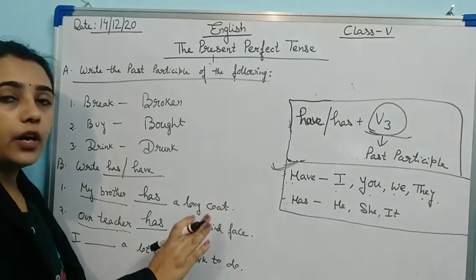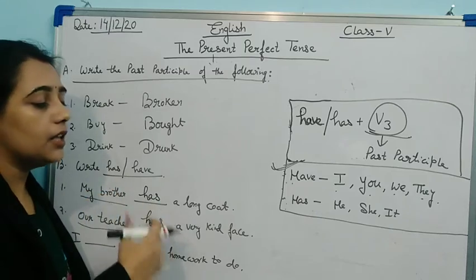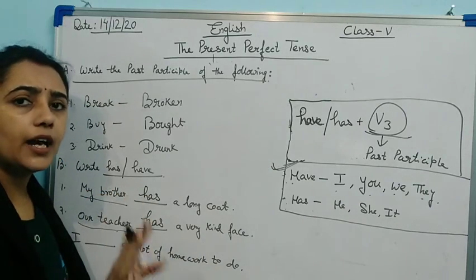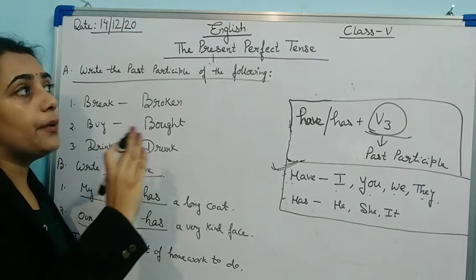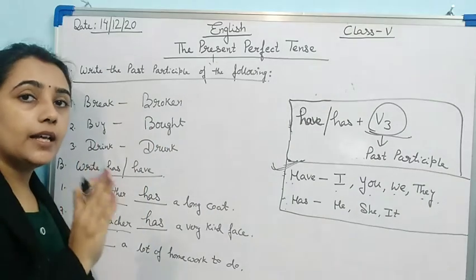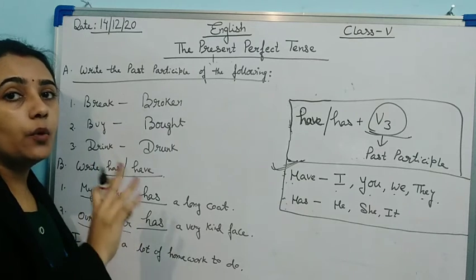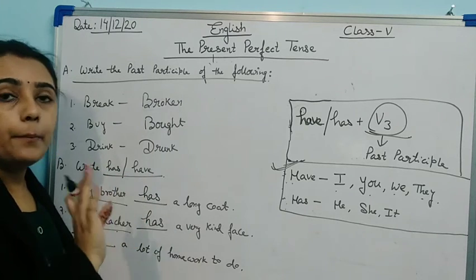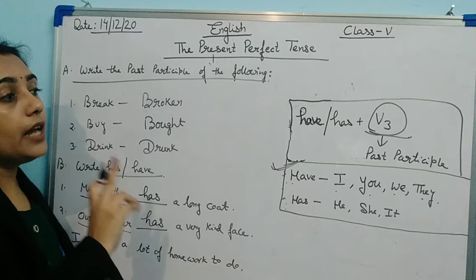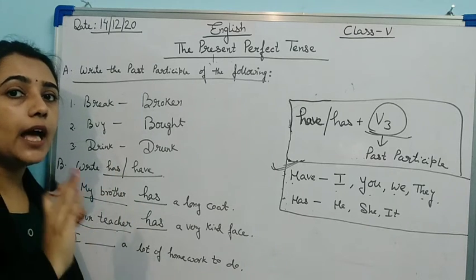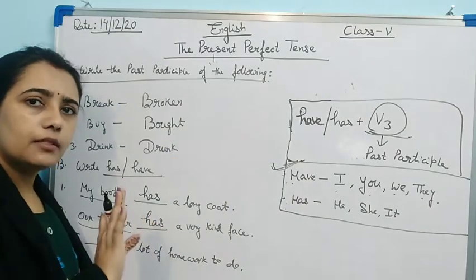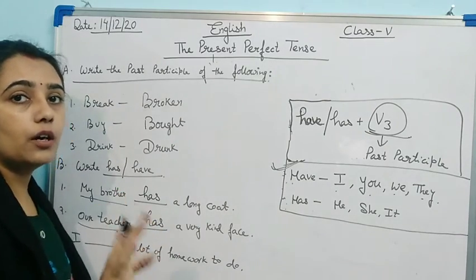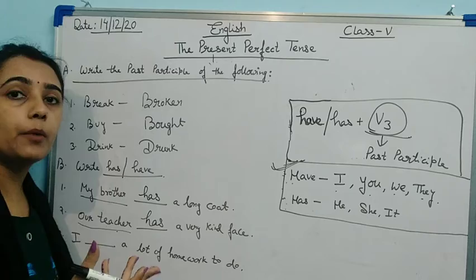You don't have to learn the other part. What it is doing hardly matters. You have to just keep in mind, for present perfect tense, I have to use has or have plus verb third form, that is the past participle form. That's it. Now, have or has, where do I have to use? Have with plural person and has with single person. That's it. Nothing to get anxious or worried about.